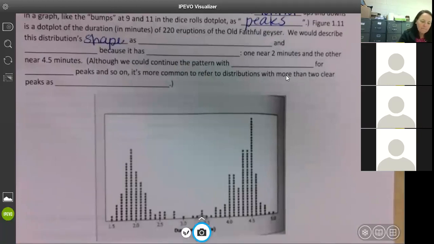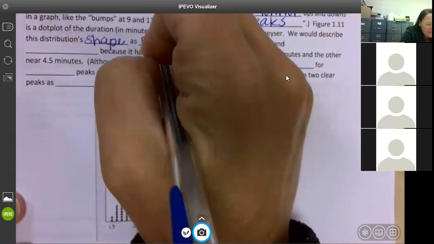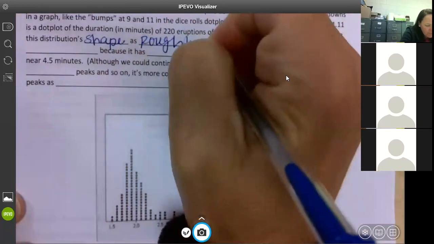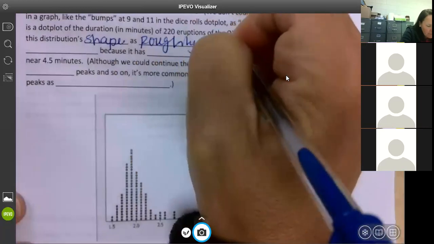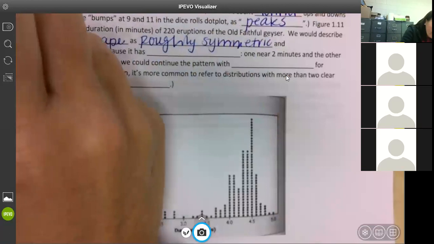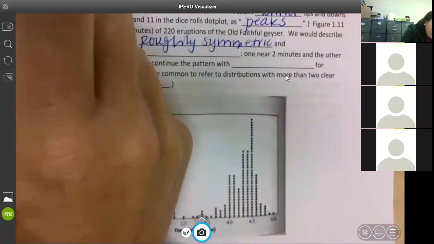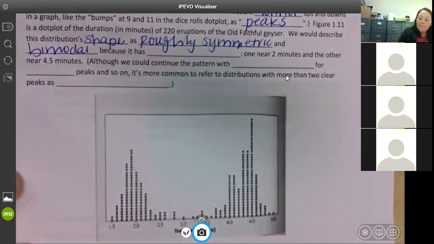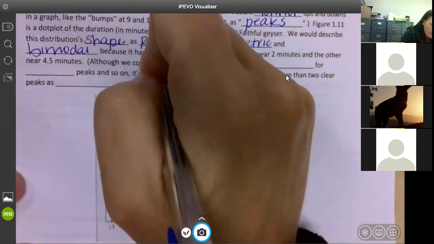Because it's the same on both sides. It doesn't have the tail. So this is roughly symmetric, but what's different about this one? It's bimodal. Yes, two. And why is it bimodal? Two clear peaks.